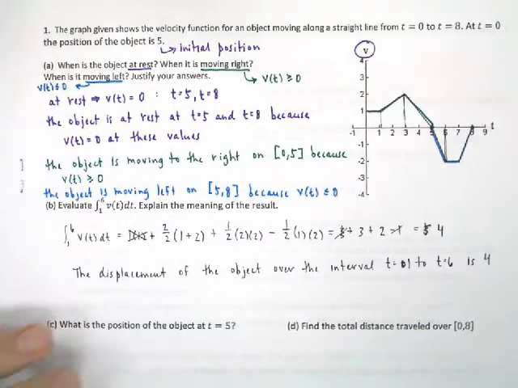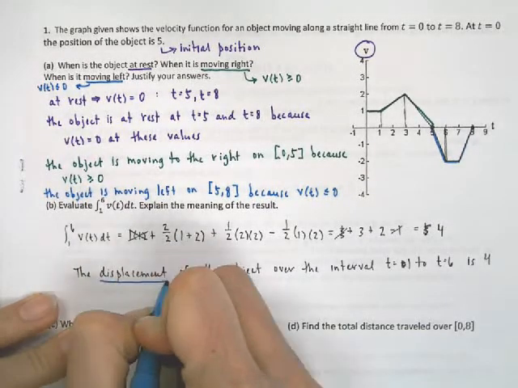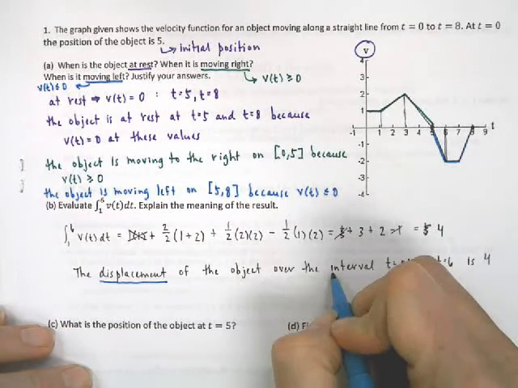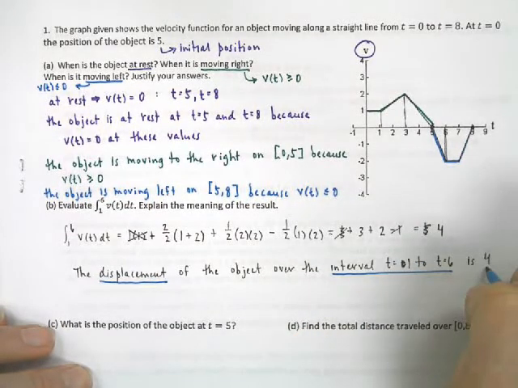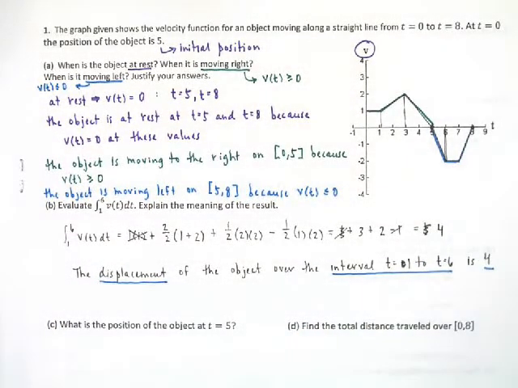And again, in terms of keywords here, they're going to be looking for, did you know it was displacement? Did you give the interval? And then did you give the value? Now, if I knew units, I would include that as well with my displacement.